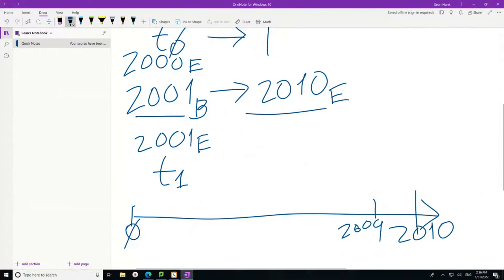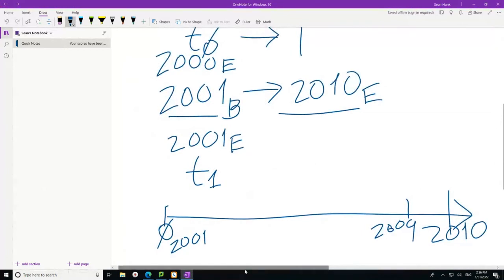So beginning of 2001 is also the same thing as the end of 2000. Make sense? When 2000 ends, 2001 begins, right?